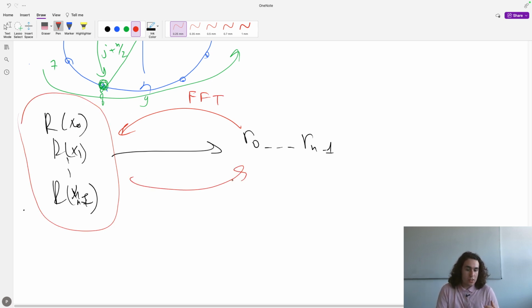So now we just want to do the opposite. Let's just imagine that we did this forward FFT from the known coefficients, and now we just want to undo that. Undoing is very simple. If I do a bunch of actions, I can just undo them in the reverse order, right?